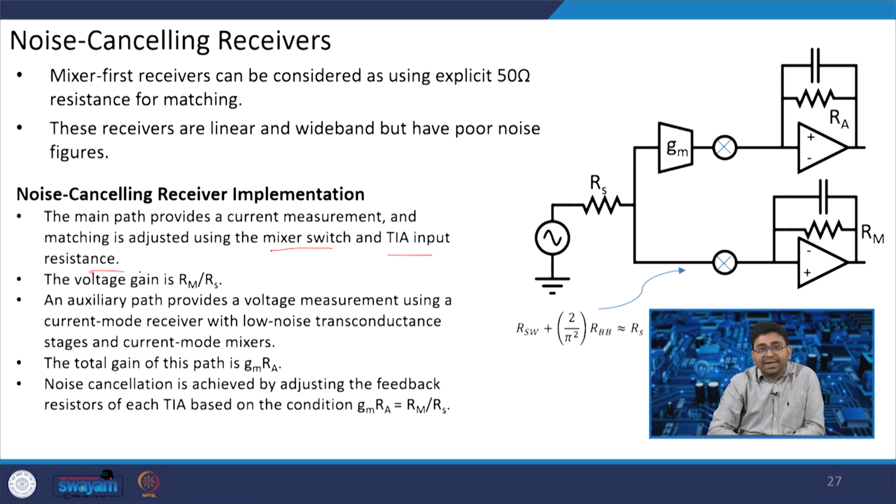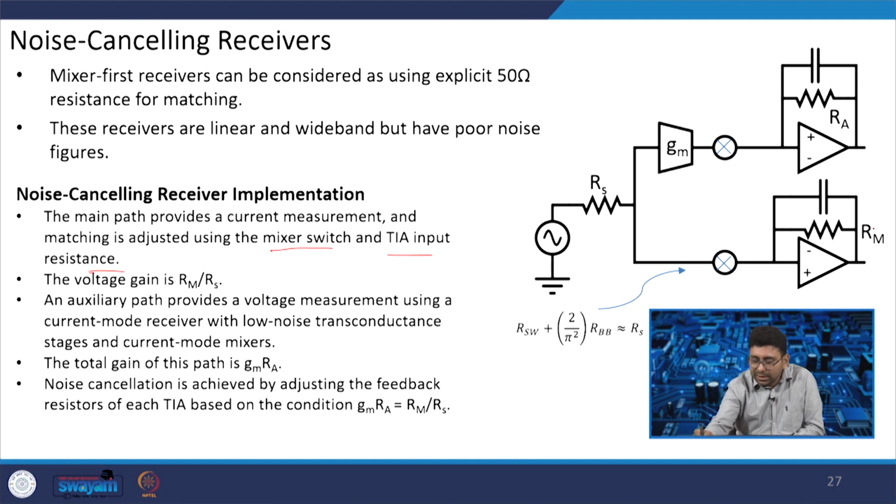The voltage gain is Rm by Rs, where Rm is the mixer resistance, and the auxiliary path provides a voltage measurement using a current mode receiver with a low noise transconductance stage and a current mode mixer. So the total gain is given by Gm into Ra. So noise cancellation is achieved by adjusting the feedback resistance of each TIA.